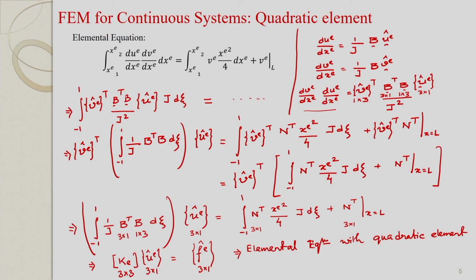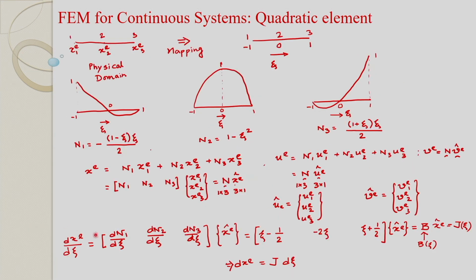For this problem, there are 3 quantities as a function of xi: J, B and N. Again x_e, we know the expression as a function of xi, summation N_i x_e_i, i equal to 1 to 3. So, this is our N, N1, N2, N3, these are the expressions of N1, N2, N3.